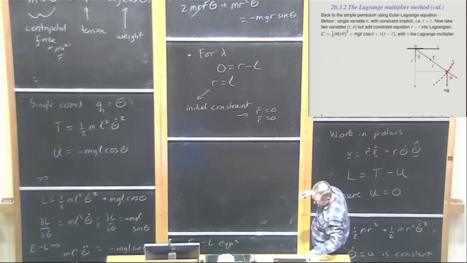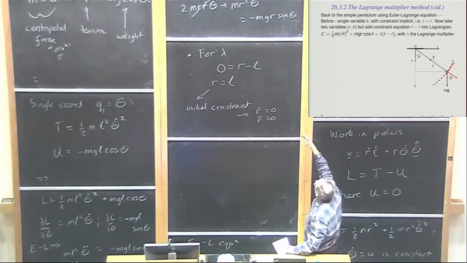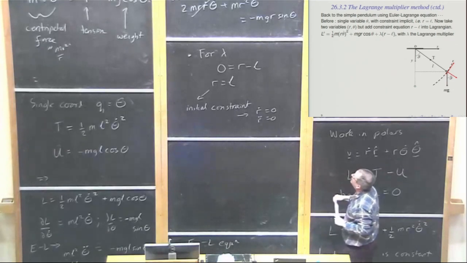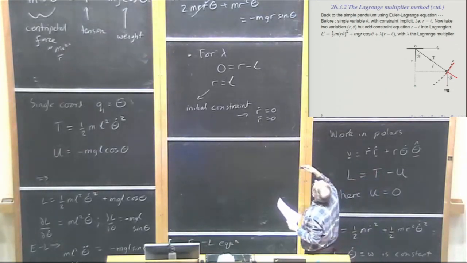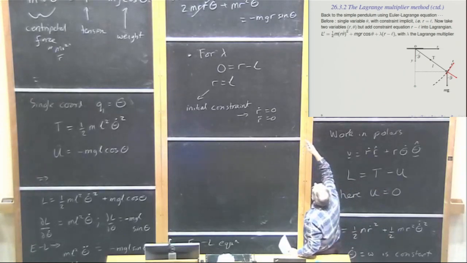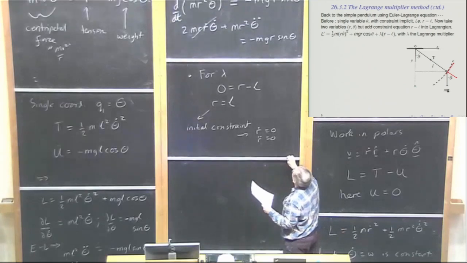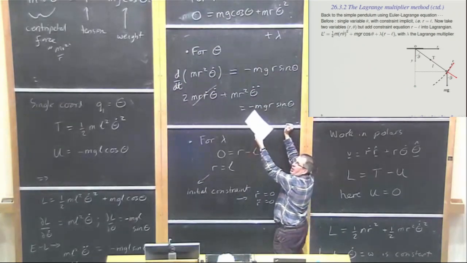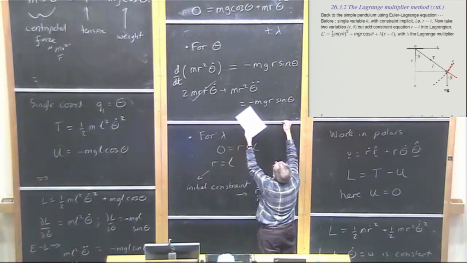Right. Okay, so we had the 3 Euler-Lagrange equations because we now had one for the constraint, and the constraint one just gives us the constraint back. So the first thing is that this equation is identical to before, right?